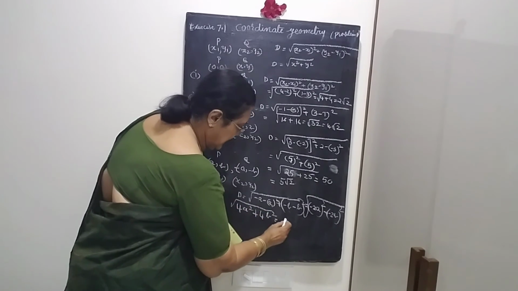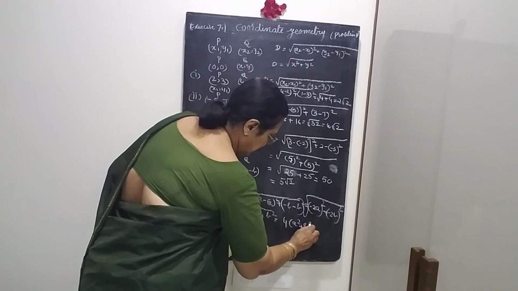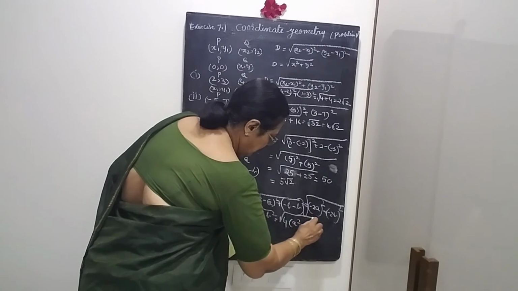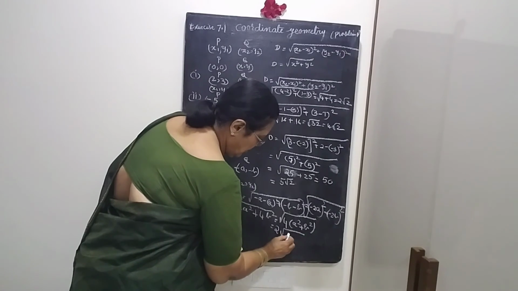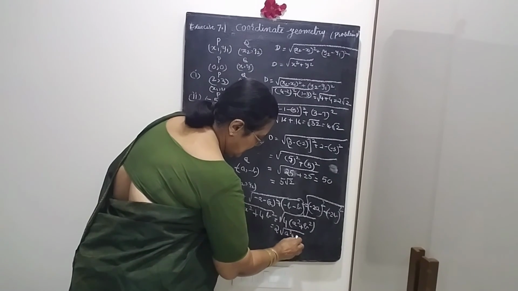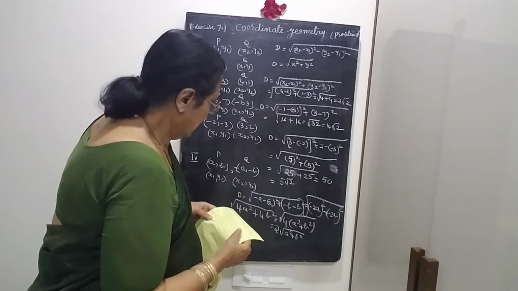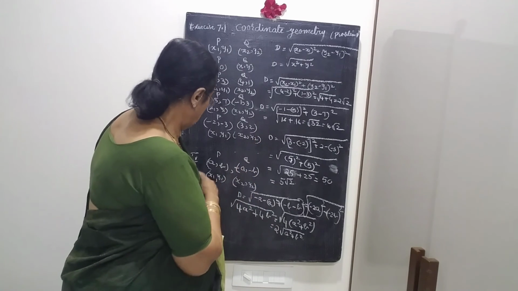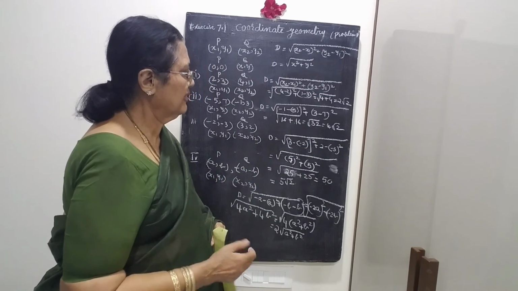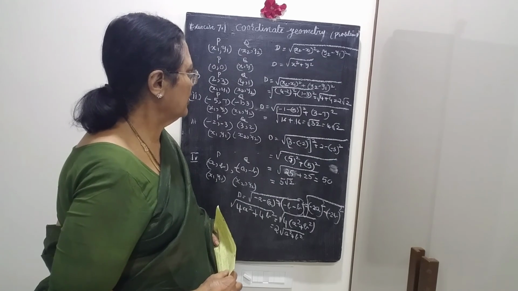That can be written as 4 into (A square plus B square). Root of that, you can write as 2 into root of A square plus B square. Now we finished all the 4 bits, and again we will do the second problem in the next video.